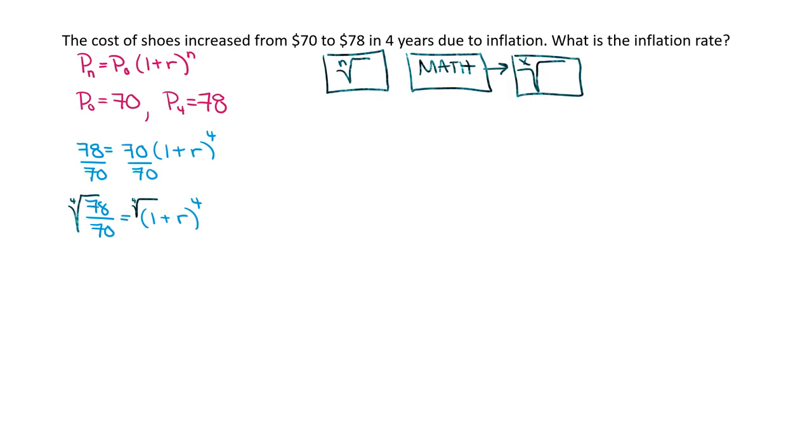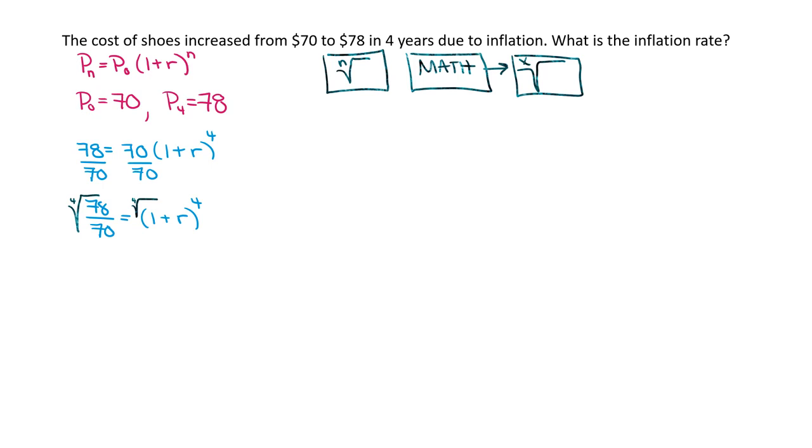Depending on the kind of calculator you have, the button will look a little bit different. So it might be like an n square root, kind of like that. On my calculator, I have to actually go into this math menu, so I have to hit math, and then I have a button with an x square root, and that button allows me to take the fourth root.